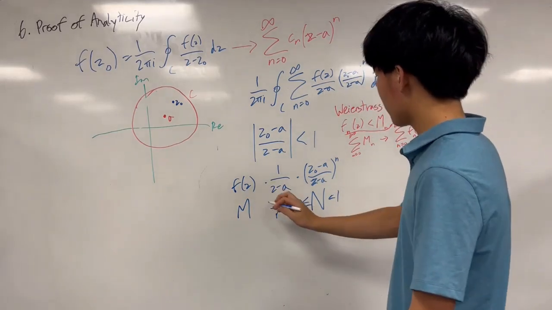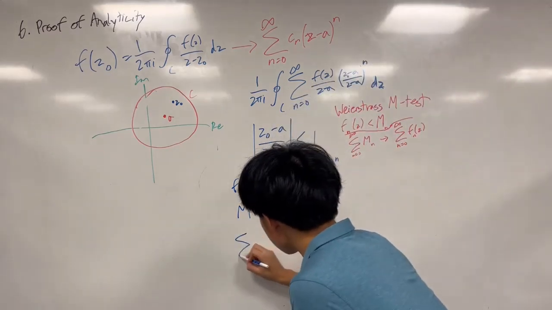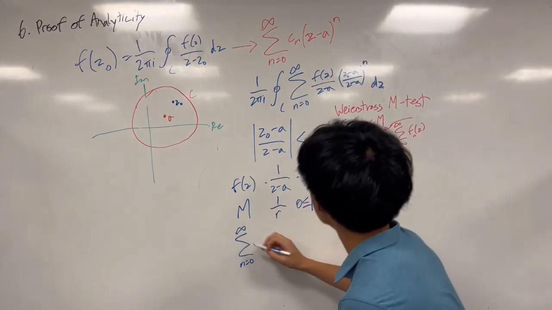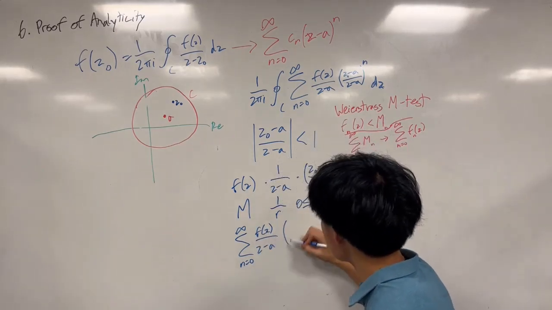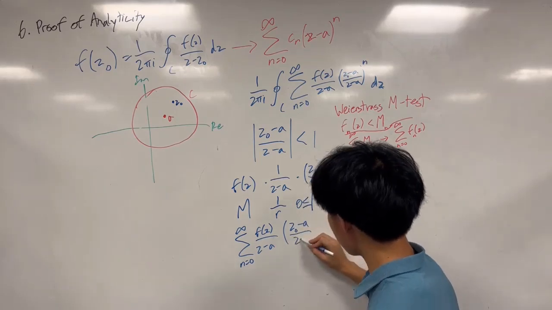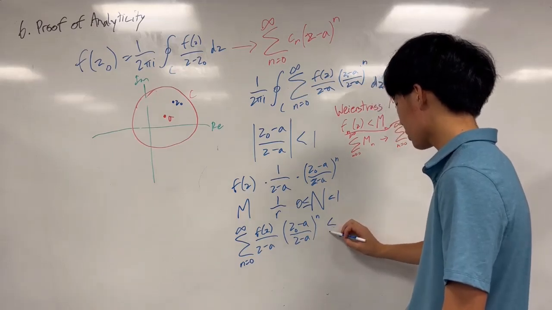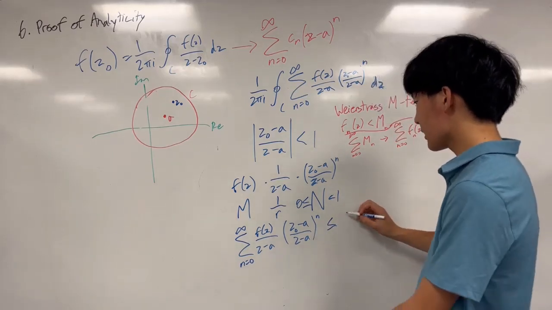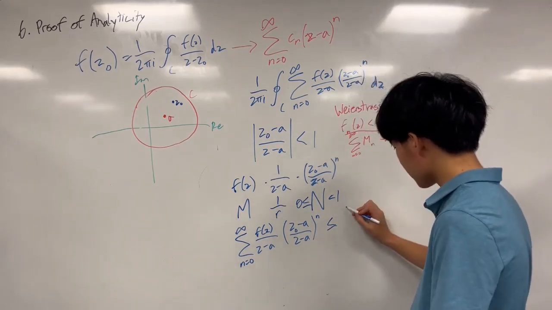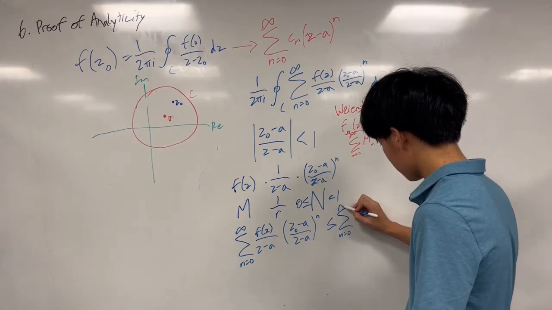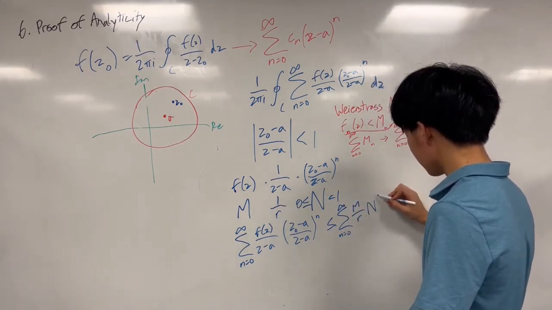So, what's inside this series, the infinite sum of f of z over (z minus a) times ((z sub 0 minus a) over (z minus a))^n, has to be less than or potentially equal to the infinite sum of M over r times N^n.